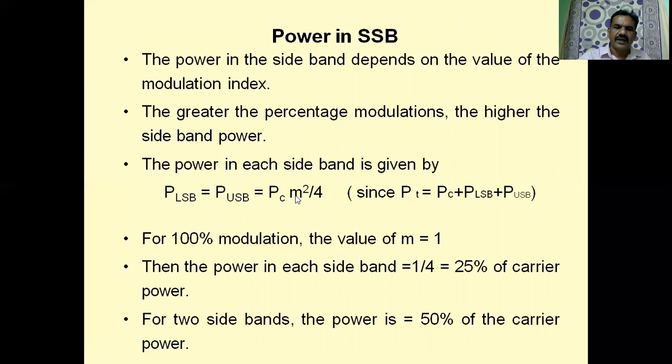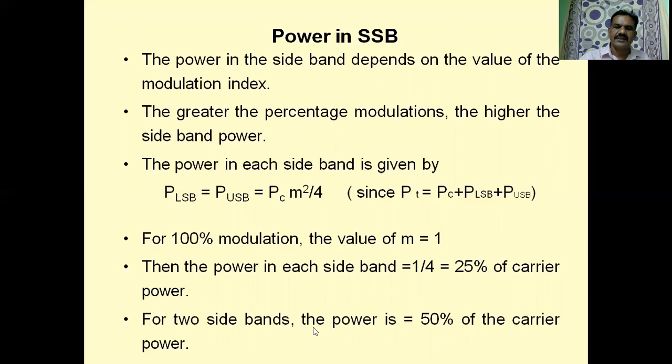For 100% modulation, if we take m equal to 1, Pc times 1 squared by 4 gives 1 by 4 Pc, which is equal to 25% of the carrier power. So the power in each sideband is just 25% of the carrier power.